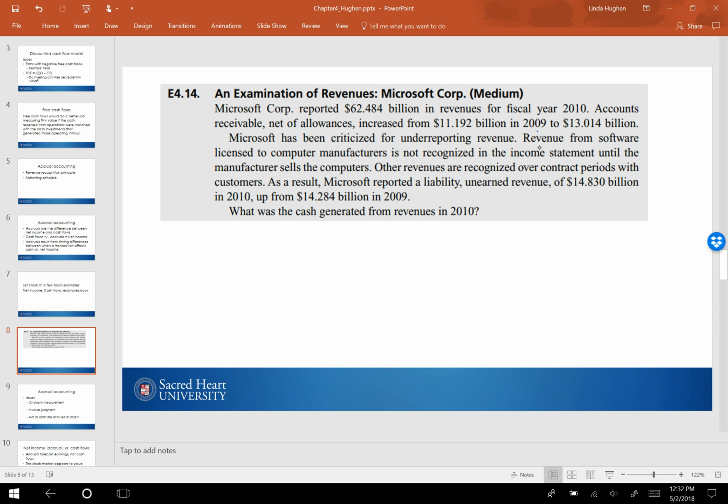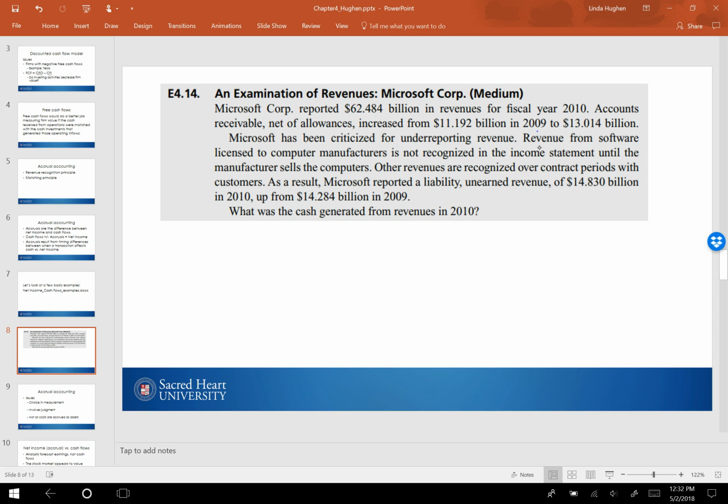Revenue from the software licensed to computer manufacturers is not recognized until the manufacturer sells those computers. Other revenues are recognized over the contract periods with customers. As a result, Microsoft reported a liability, unearned revenue, of $14.83 billion in 2010, which is up from $14.284 billion in 2009. The question is, what was cash generated from revenues?